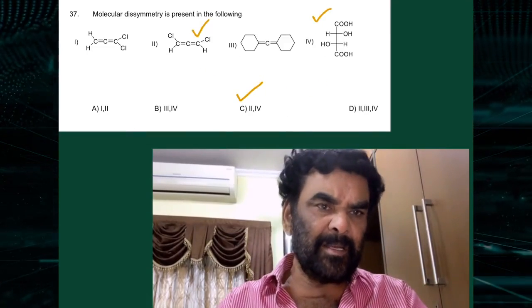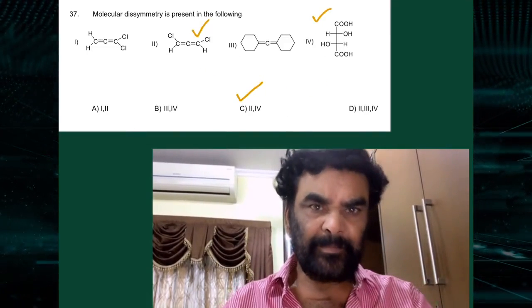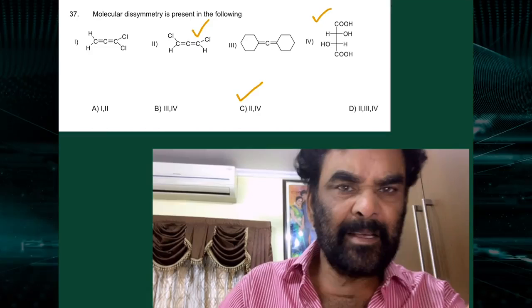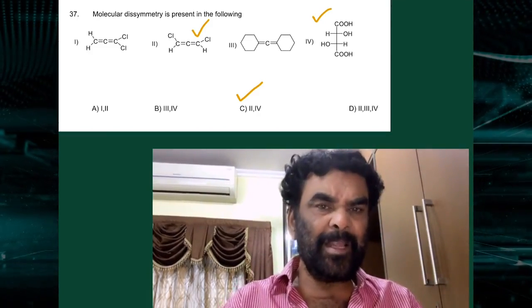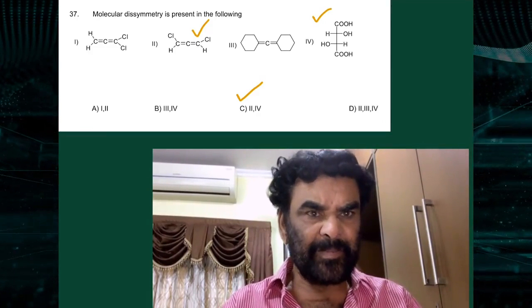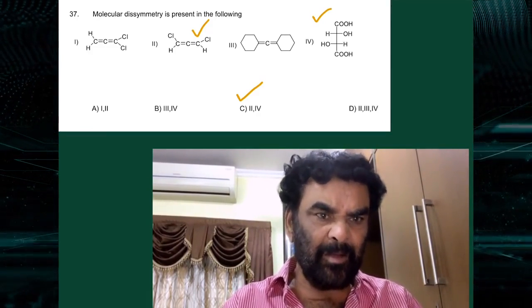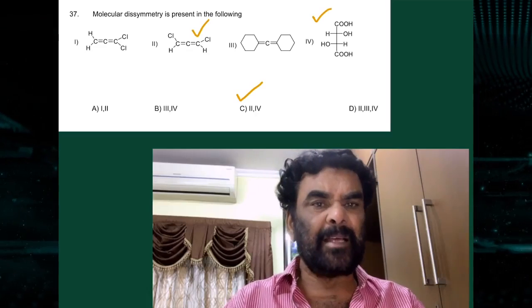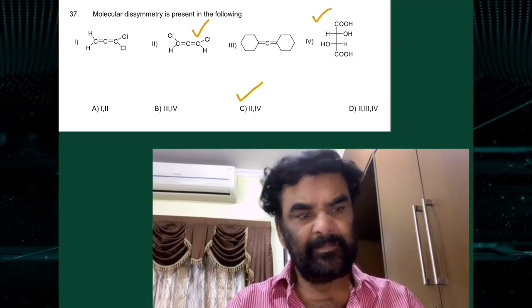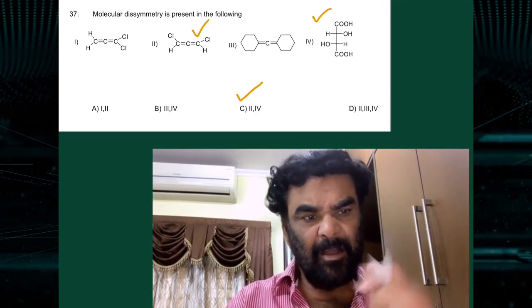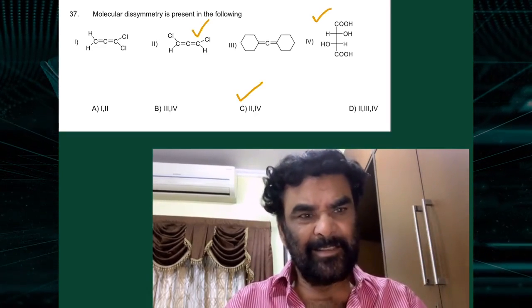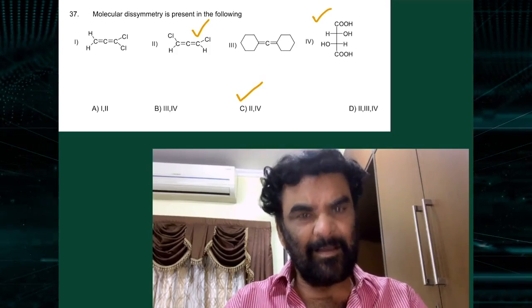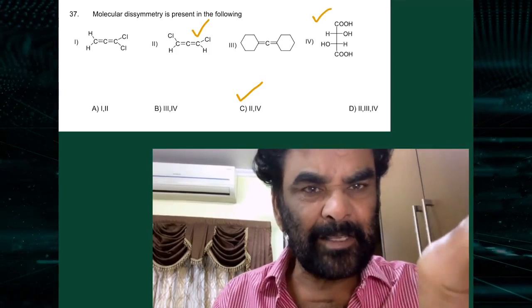Here, you check this, it is not a chiral molecule at all. I define the words dissymmetry and asymmetry. A chiral molecule with a C2 axis is called a dissymmetric molecule. This is not a chiral molecule, you see.